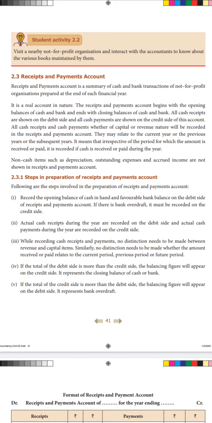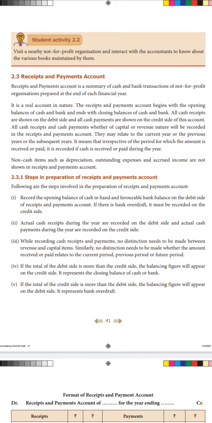The receipt or payment can be for the current year, or the previous year, which means the outstanding amount, or the subsequent years, which means the prepaid amount. When you receive or make payment, you have to enter it in the receipt and payment account.